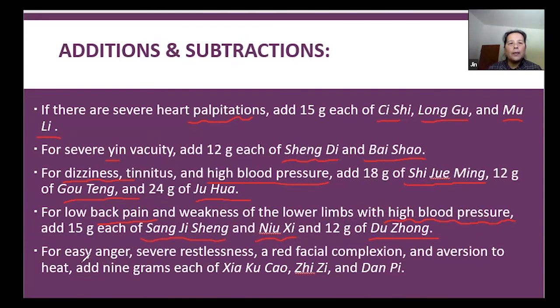For people who get angry easily and are severely restless, that's a liver heat symptom, even red face, and they don't like heat. So we can add 夏枯草, especially to clear heat from the liver, 栀子 to clear heat from the san jiao, and 丹皮, 牡丹皮, to clear heat from the blood.